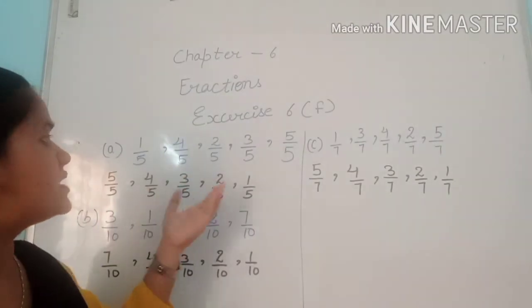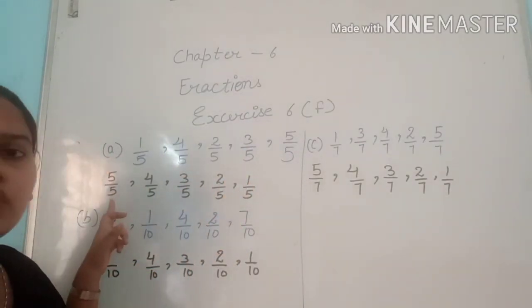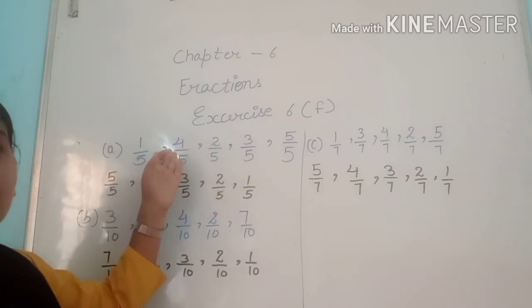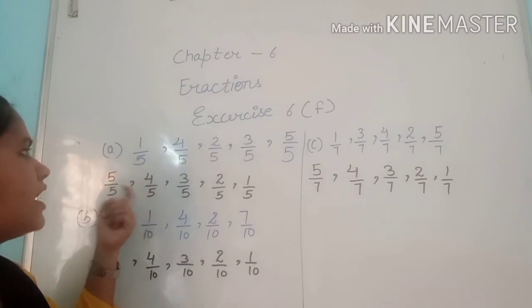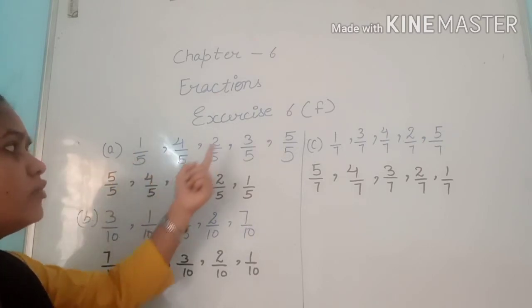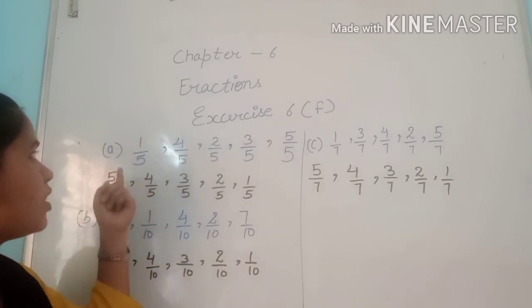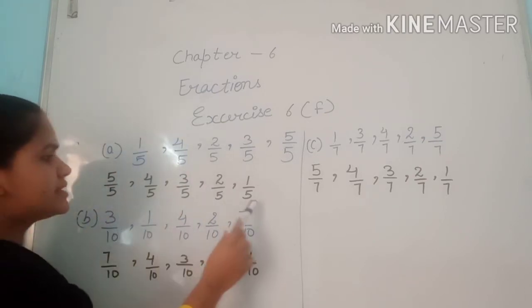Which one is the greatest? 5 over 5 is the greatest, so I have taken it here. After the 5, which number is the greatest? 4. We will take 4 by 5 here. After 4, we take 3 by 5, then 2 by 5, and the last and smallest one is 1 by 5. So you can see I have solved the first sum here.